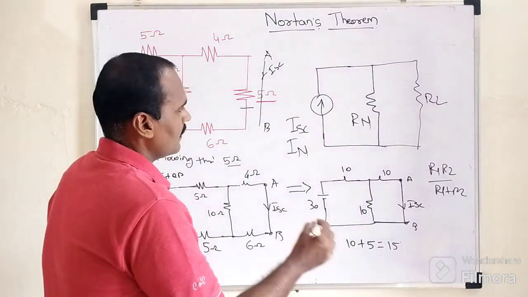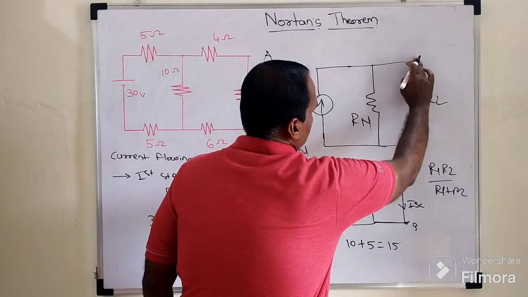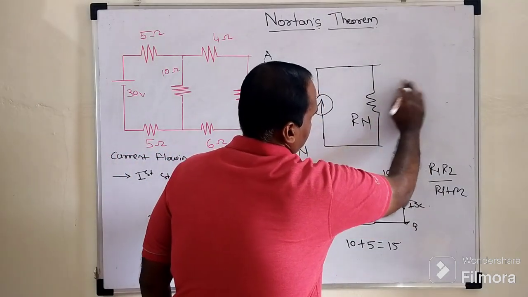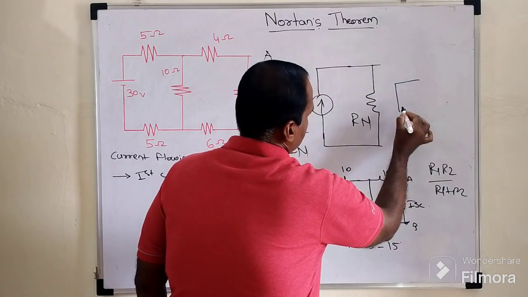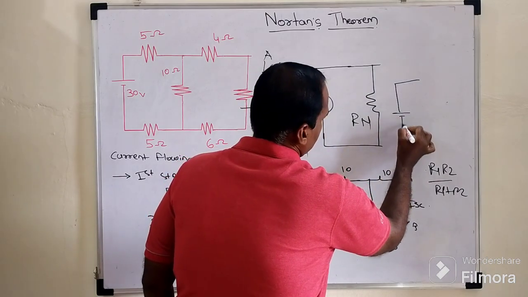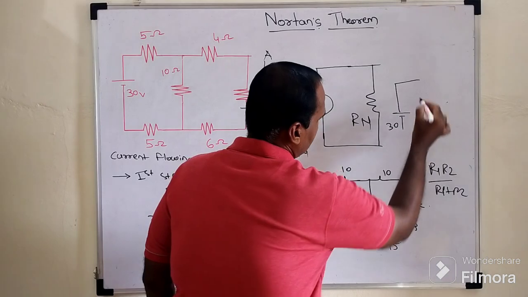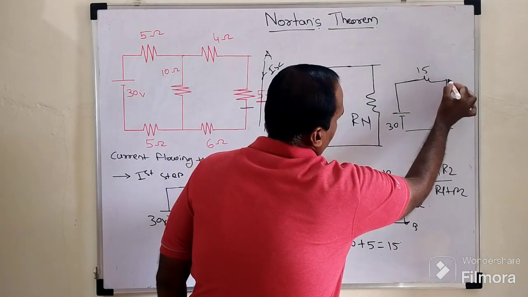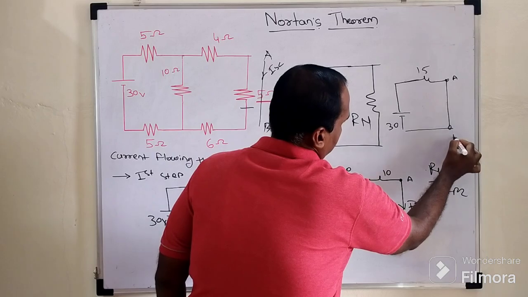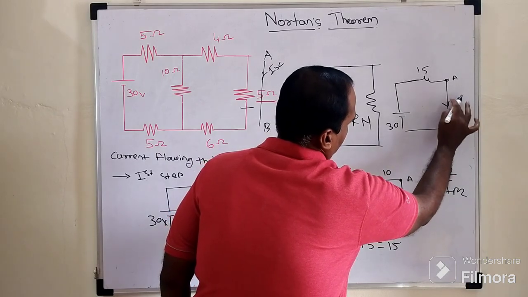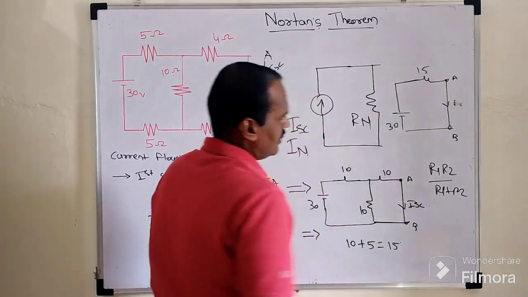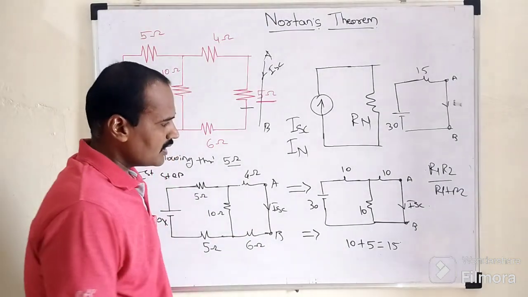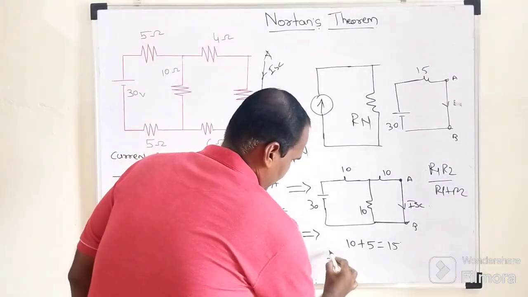Here I will draw. This is the 30 volt battery, and finally the resistance is 15 ohm, and this is A and this is B. First of all, we need to determine the total current due to this 30 volt battery.